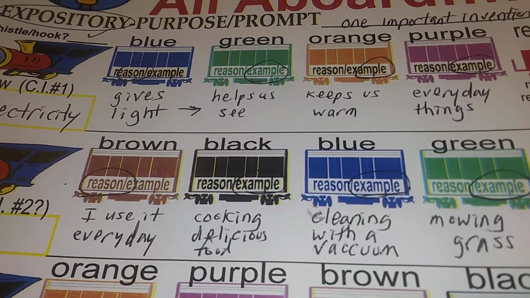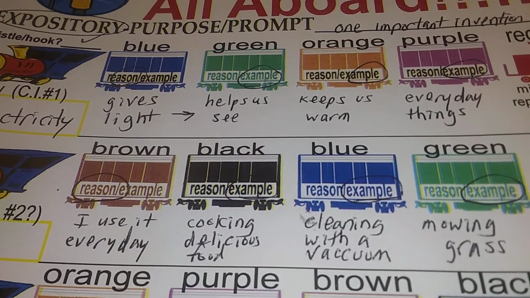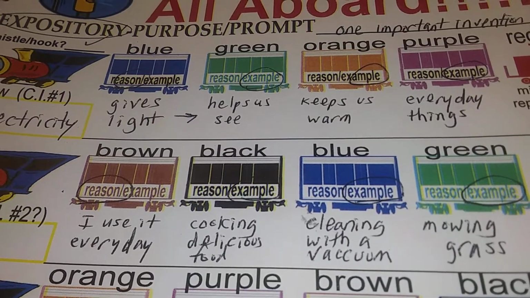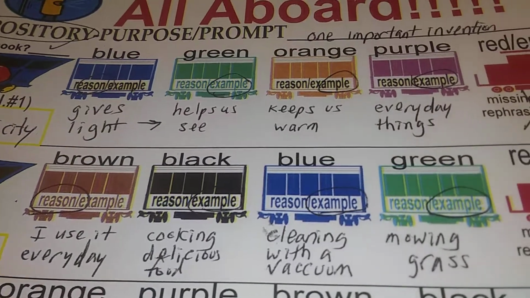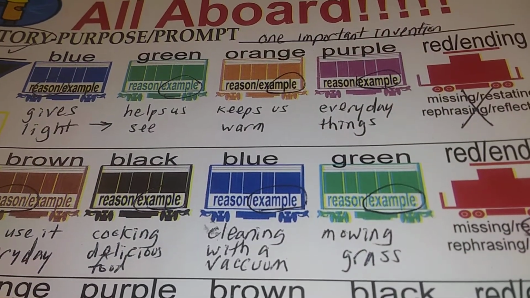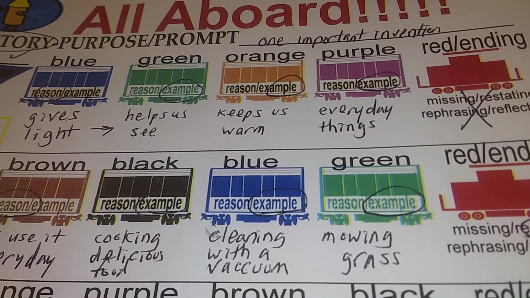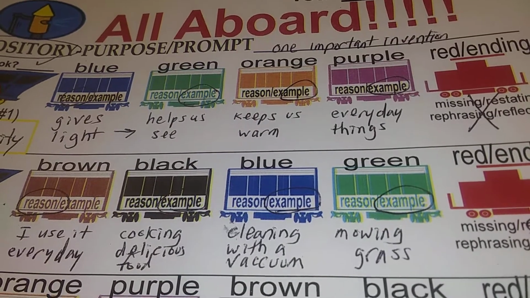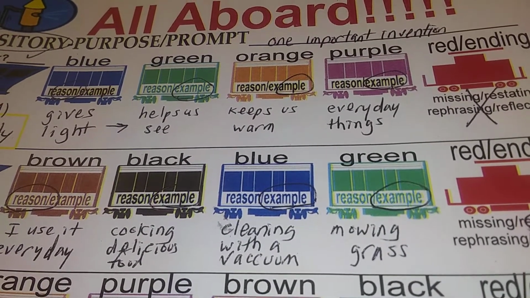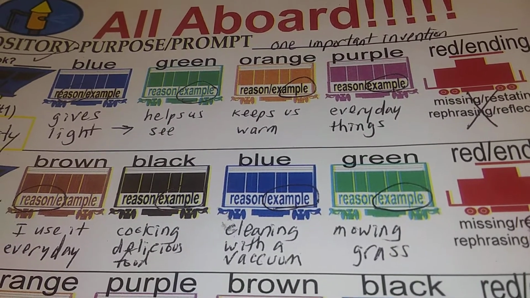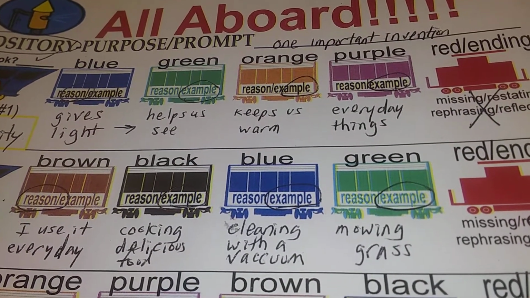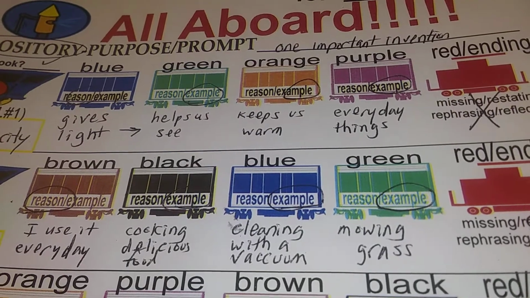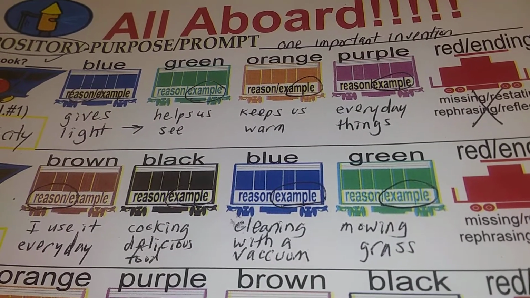Since food and vacuuming have nothing to do with each other, you don't want to use those as examples unless you can figure out how to connect them. Now, this last one here says mowing grass. That's another example of using it every day, but the problem is you don't typically mow grass with anything electrical. You use gas-powered mowers or gas-powered weed eaters.